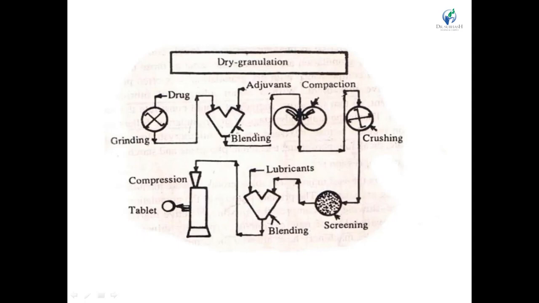After compaction, the mixture is crushed. After crushing, the mixture is screened with various numbers of sieves. And finally, the mixture is mixed with lubricant and the tablet is compressed with the help of a tablet compression machine.